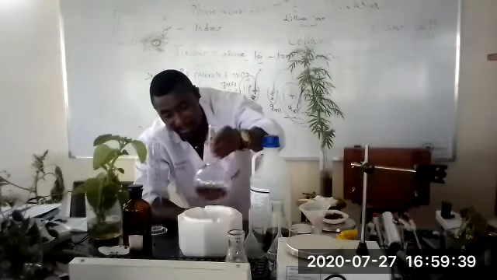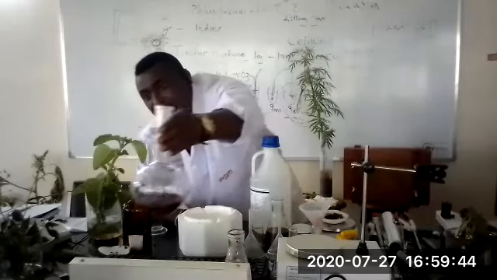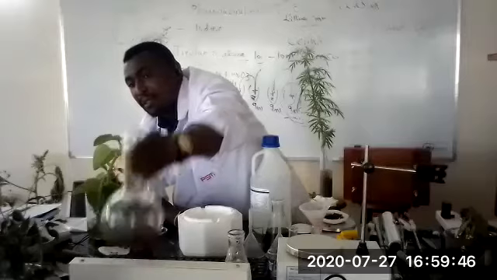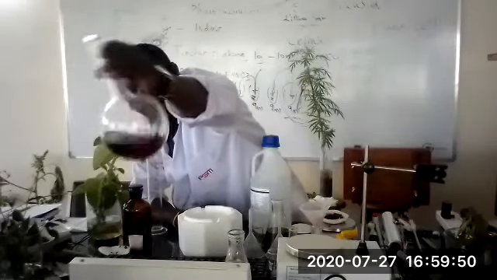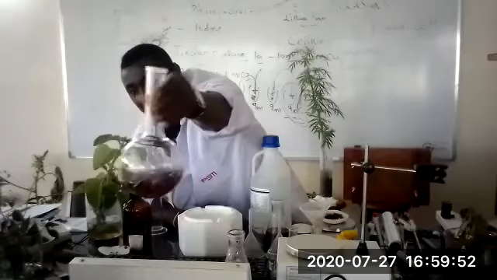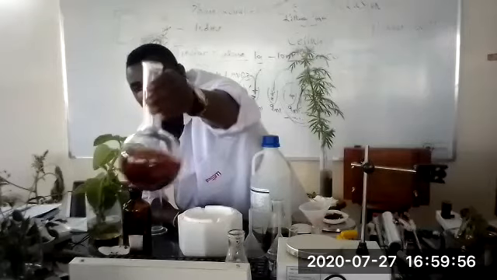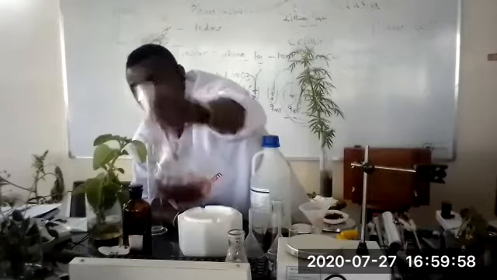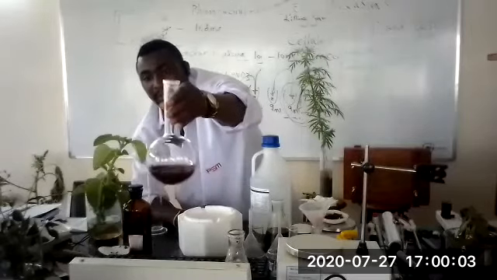So there it is. And I can see some extraction has started taking place. You can see some red. I hope when I'm shaking you are able to see it. So that is the maceration process.